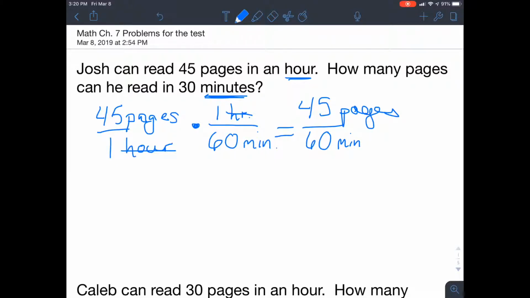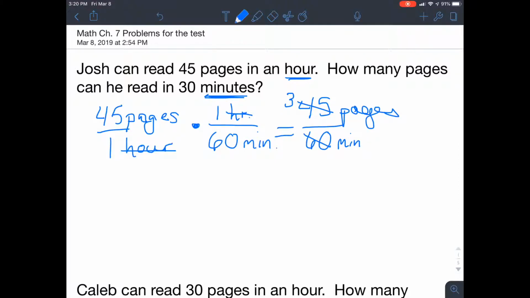Now we can simplify that a little bit. We can think what goes into 45 and also into 60 to make this fraction a little easier to handle. Well, I know that if I count up by 15s, I would say 15, 30, 45, 60. Oh, 15 goes into both of those. So I can say 45 divided by 15, oh, that's 3.